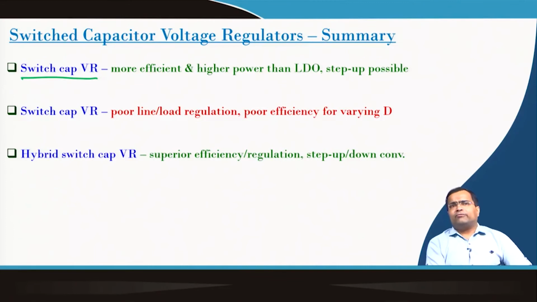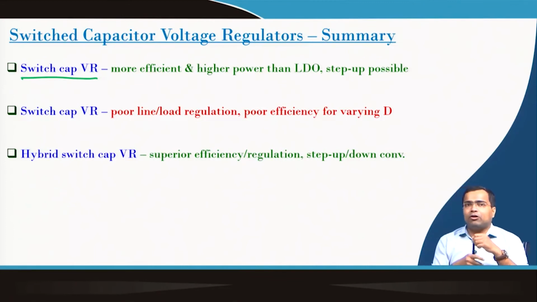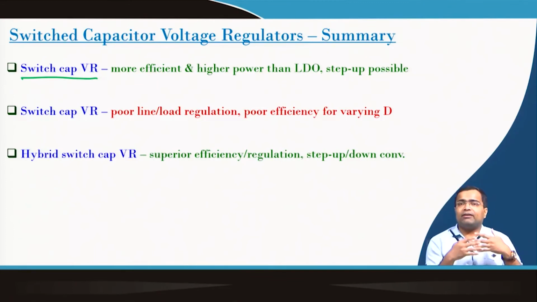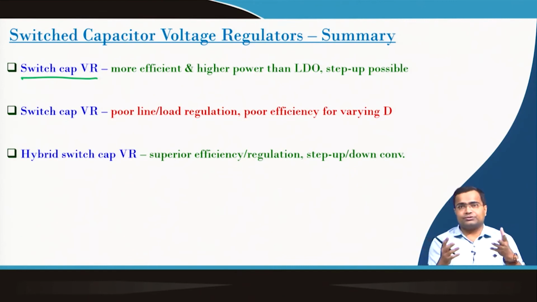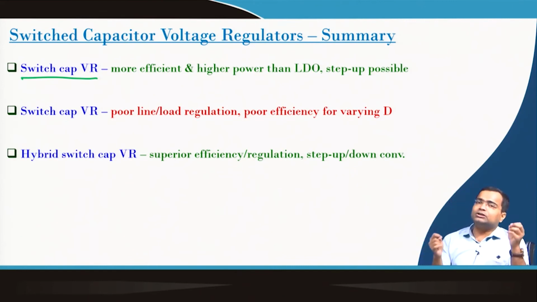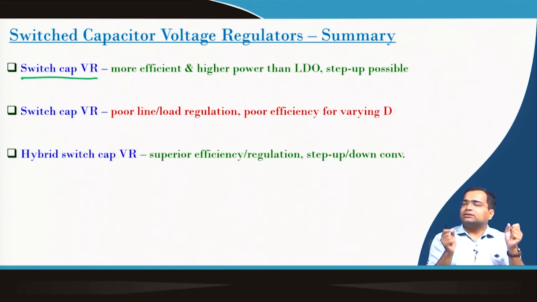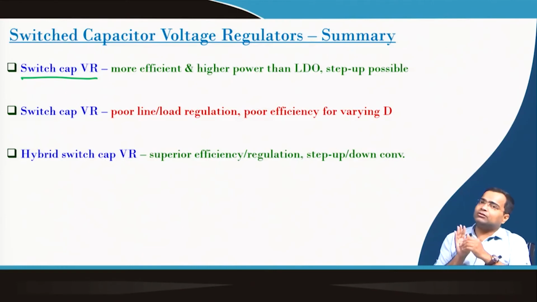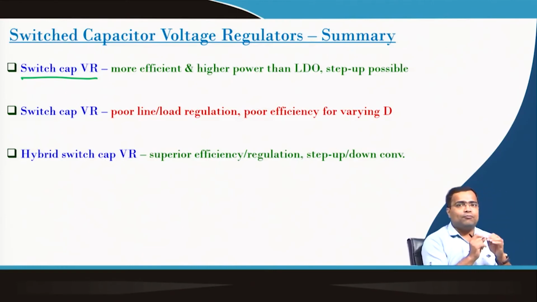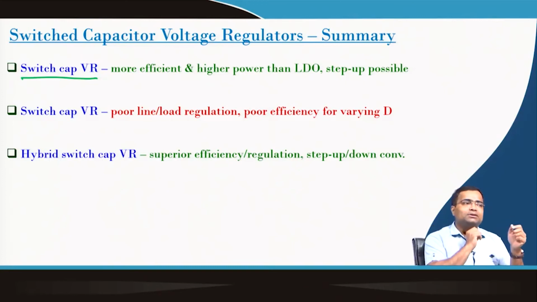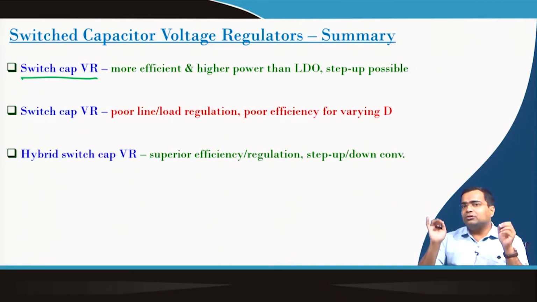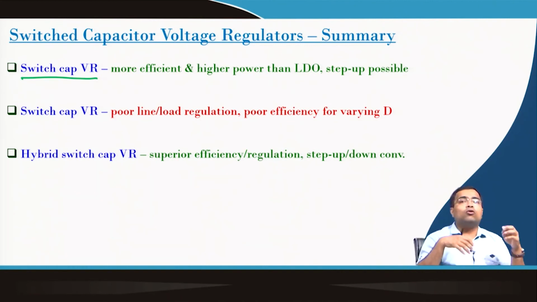Hybrid switch capacitor voltage regulators offer superior efficiency as well as regulation compared to the pure switch capacitor converter, but of course at the cost of inductance, which also decreases the power density. Whereas for the pure switch cap we can go for fully on-chip implementation, for hybrid switch cap, depending upon the inductance value, we may not always be able to go on chip.